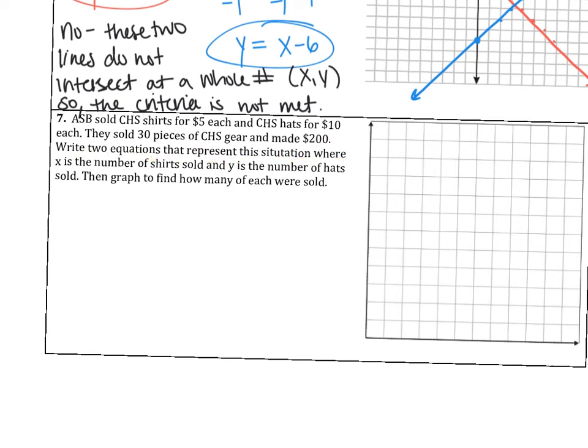All right, it's important to understand what our variables mean. X is the number of shirts sold. And we can actually label our x-axis that too. And Y is the number of hats sold.